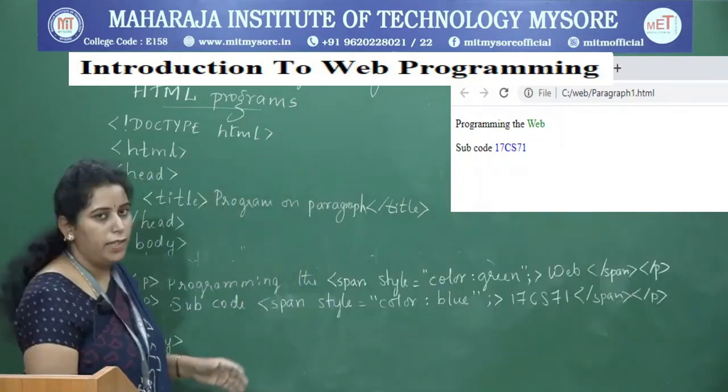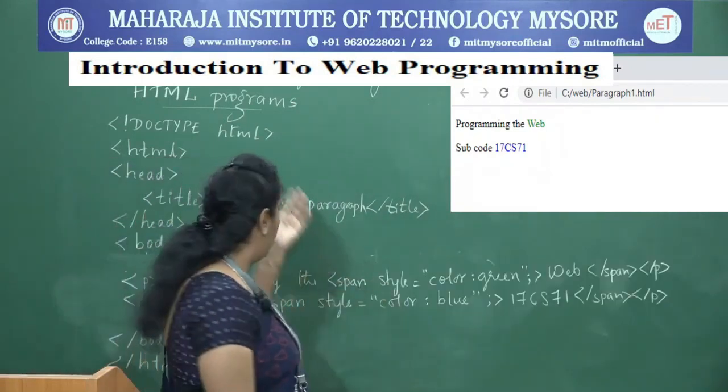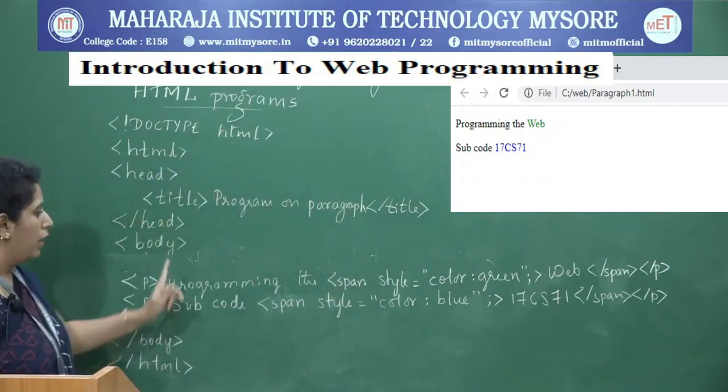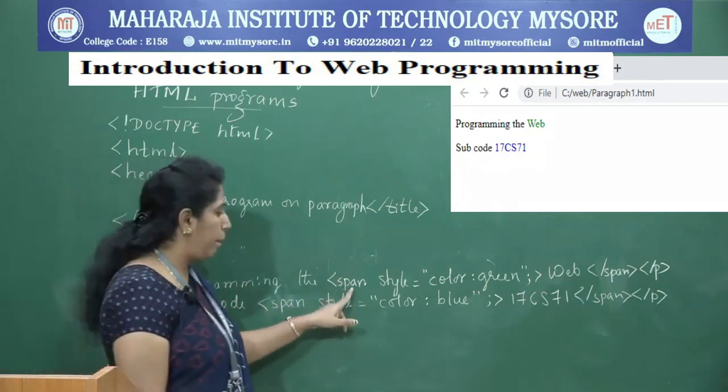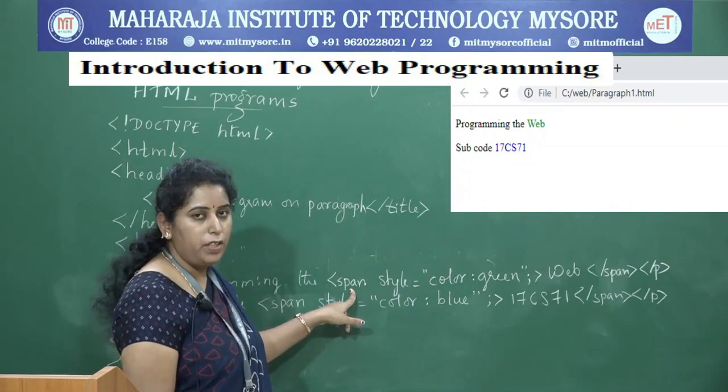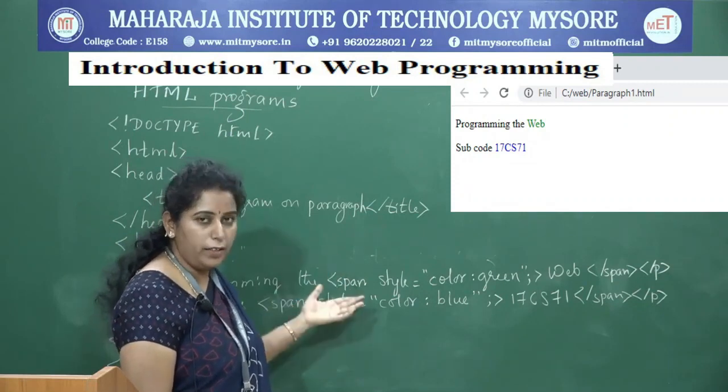For example, I am going to introduce one tag called span. Span is an example of an inline element which does not start on a new line. You can look into this HTML program. I have introduced the span tag.